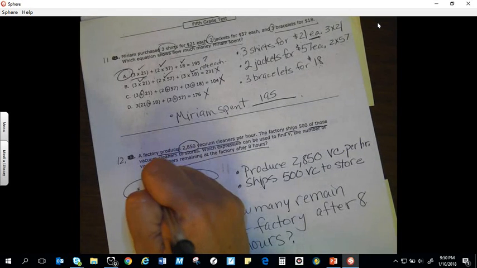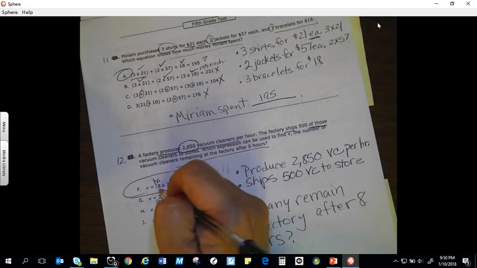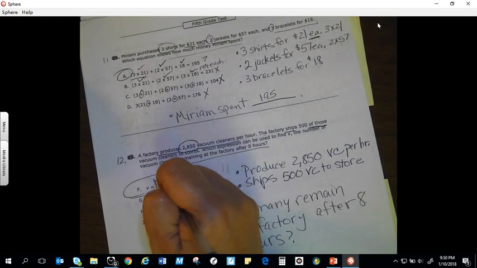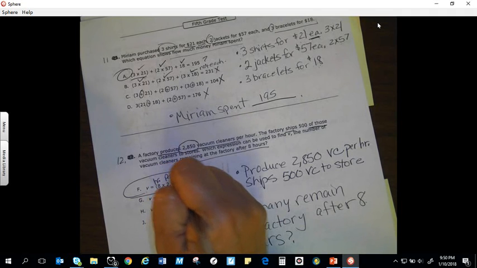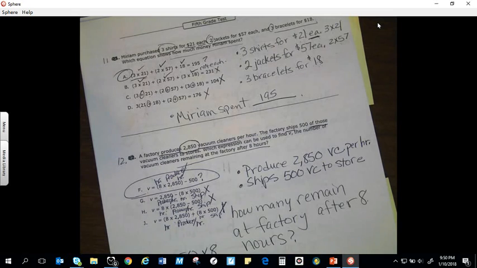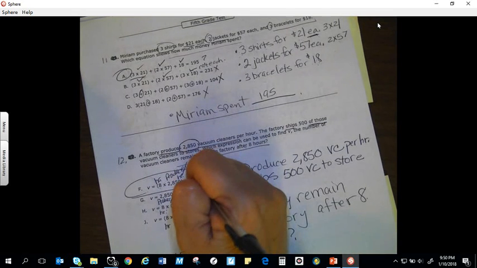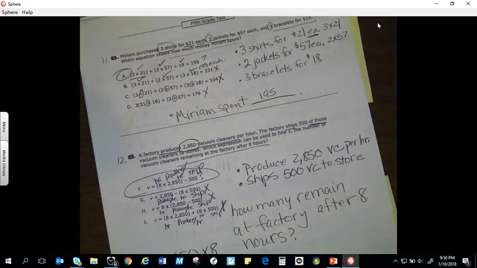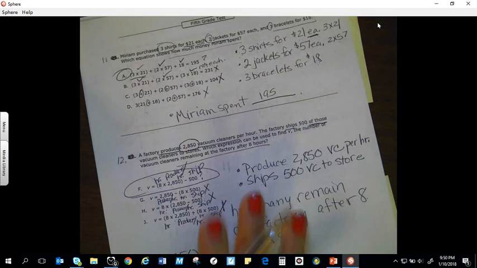This is how much they're going to be producing for 8 hours. For each hour they produce 2,850, and then out of that total they're going to be shipping 500. So do you see how I did that part?